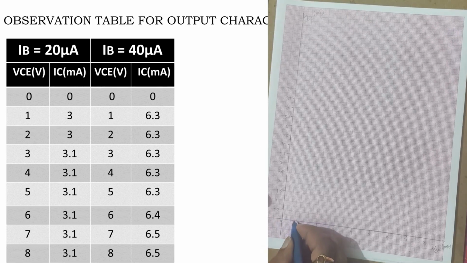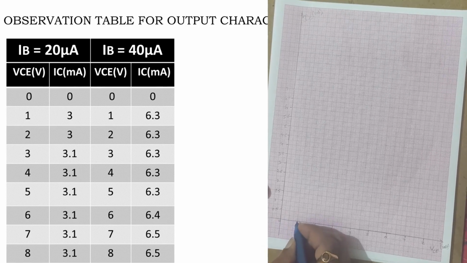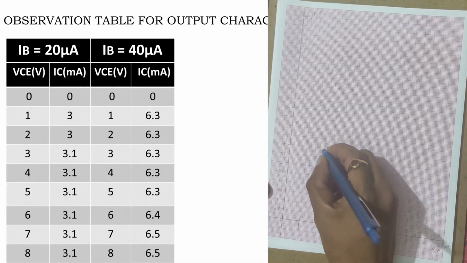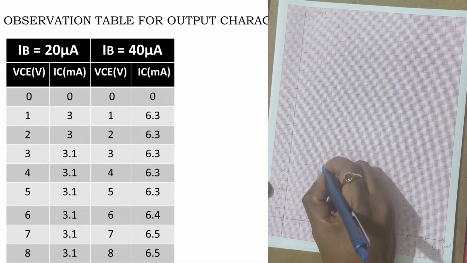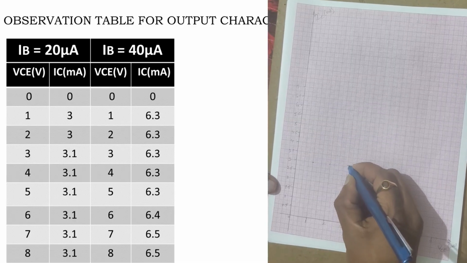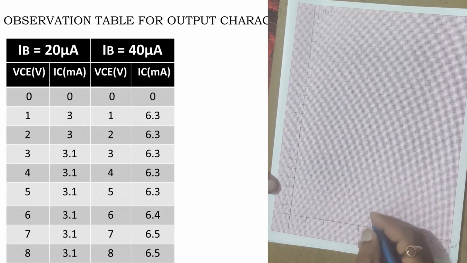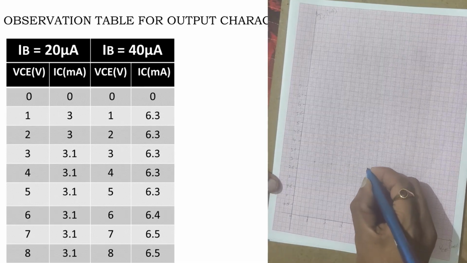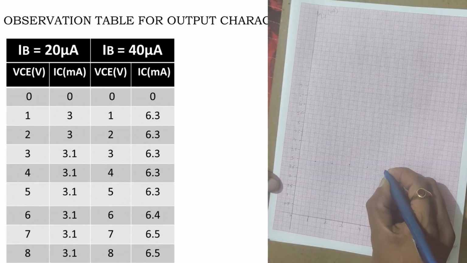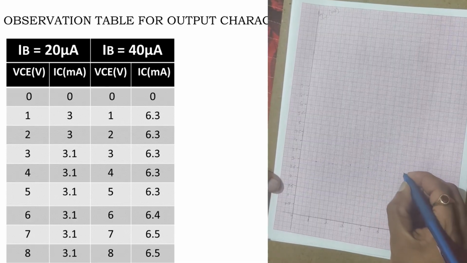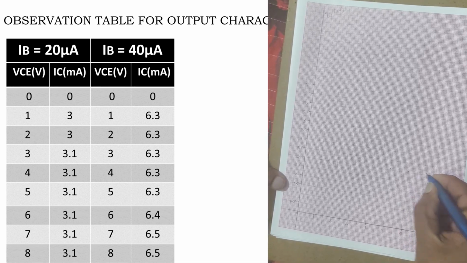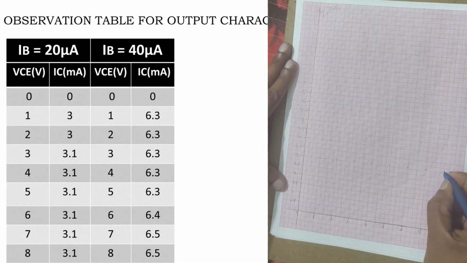For 20 microamperes of base current: for 1 the value of current is 3, for 2 the value of current is also 3, for 3 the value of current is 3.1, for 4 it is 3.1, for 5 it is 3.1, for 6 also 3.1, for 7 it is 3.1, and for 8 also 3.1.